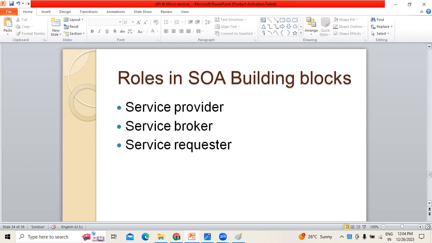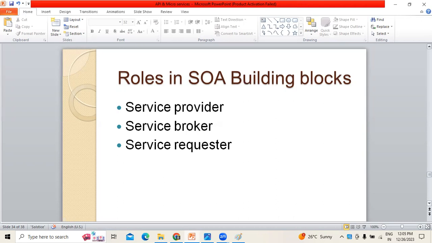Followed by that, it also debates why and how these services are being offered.